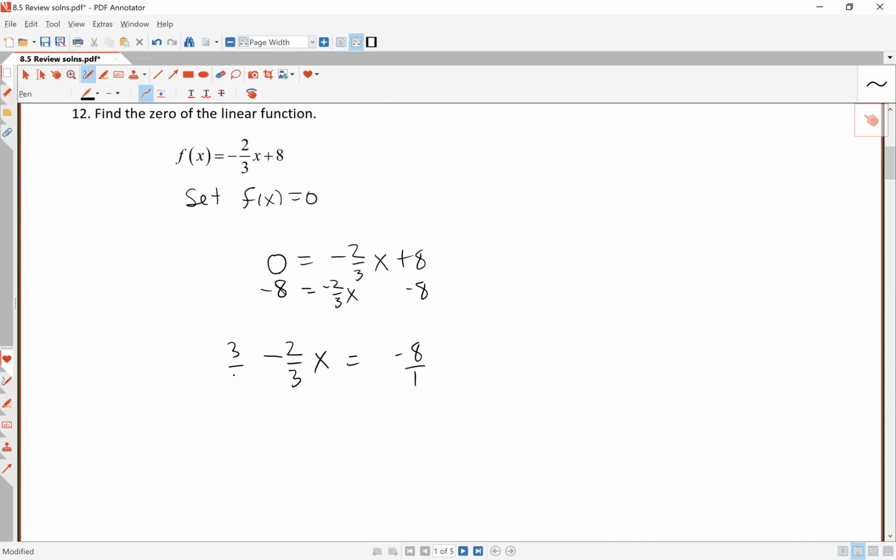We multiply both sides by the reciprocal. X is equal to 2 goes in 8 4 times. Negative 4 times negative 3 is 12. So we say 12 is the zero of f of x.